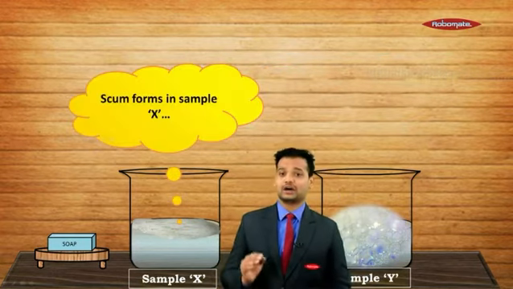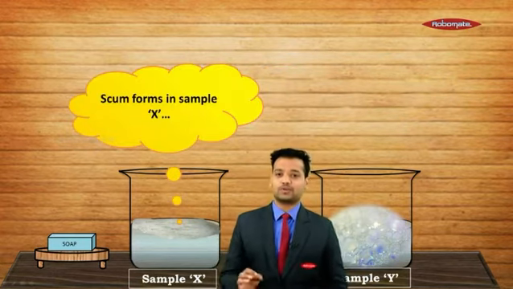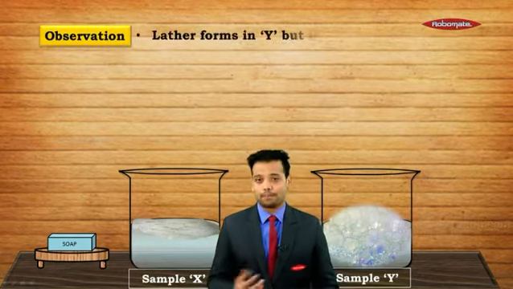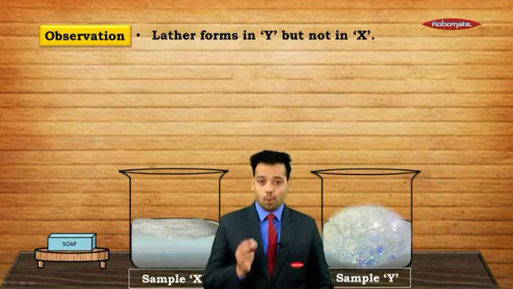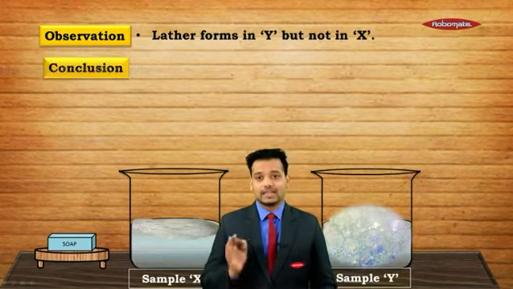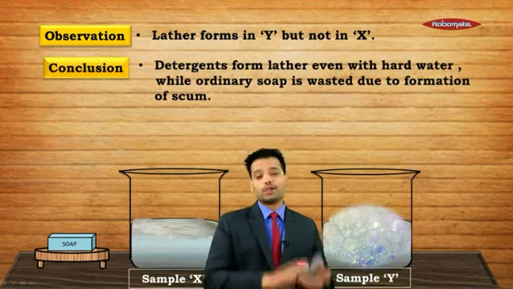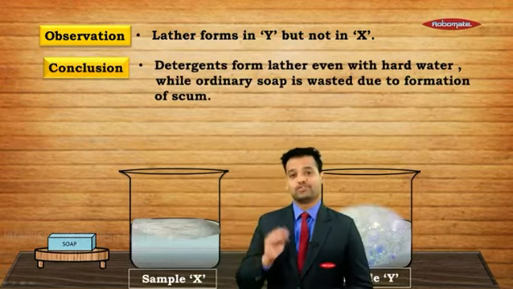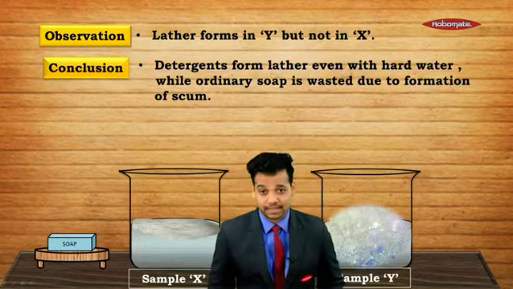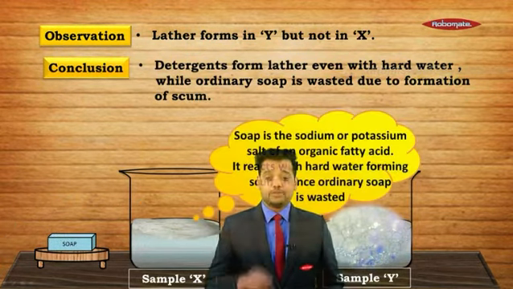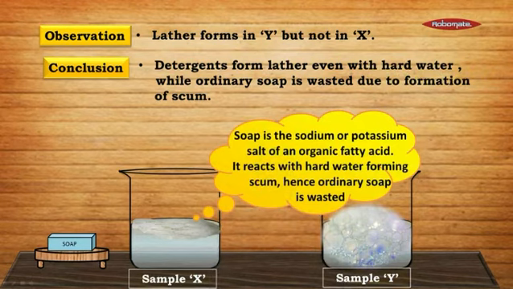But in sample X, there is a lot less lather, plus a lot of scum is formed, which is not like lather. There are no bubbles in it. So lather forms in Y, but not in X. The reason is detergent forms lather even with hard water, while ordinary soap is wasted due to the formation of scum. So this is the difference between soap and detergent.